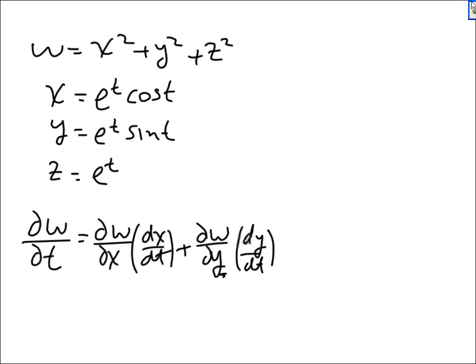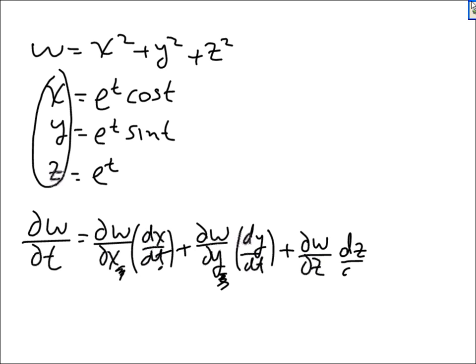How do you know what letters to put here and here? They're right there. That's where you look. Plus partial w with respect to z times dz dt.